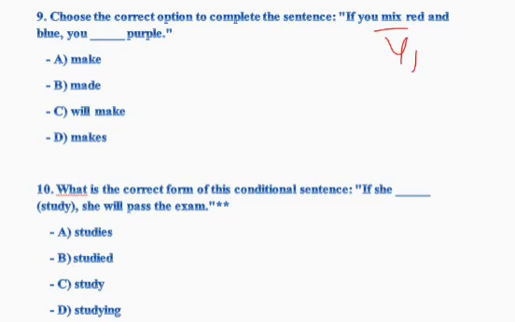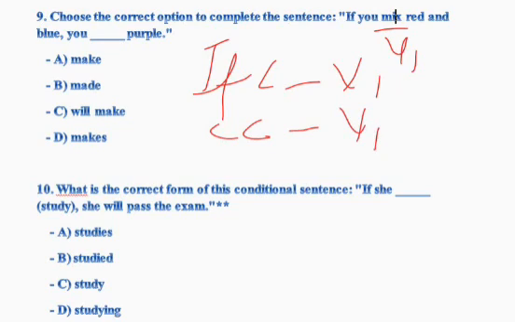That means the if clause is V1. So what would the main clause be? Most probably the main clause has to also be V1. This means the type would be a zero conditional type sentence.